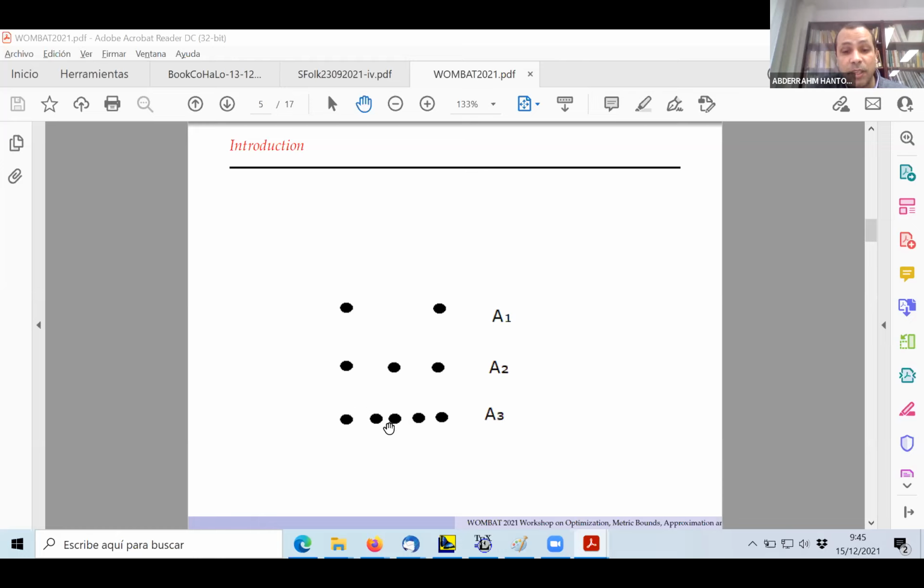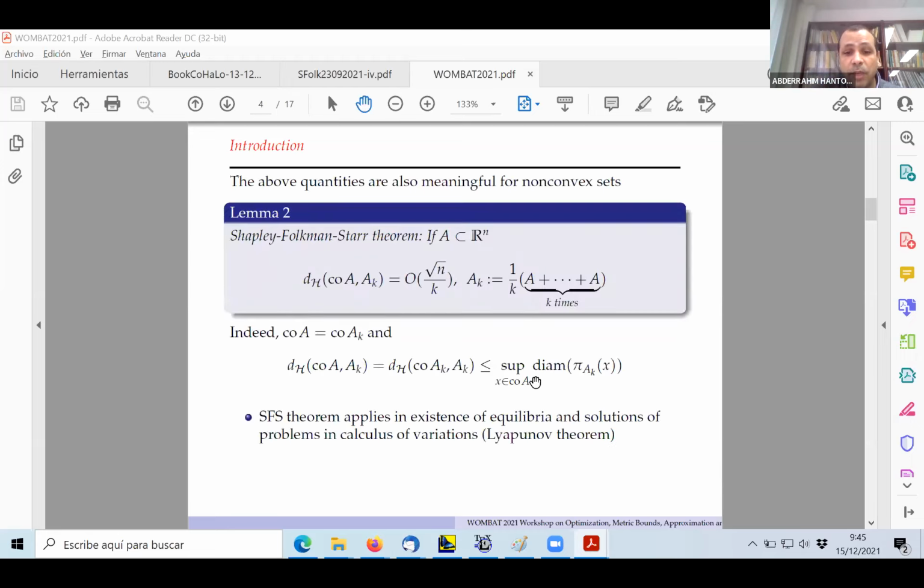Each time, the operation adds points, not necessarily at the middle of the previous ones, but filling the gap. So if we go back to our inequality, what we see is that this Hausdorff distance is the diameter of the projection of the point x belonging to the convex hull.